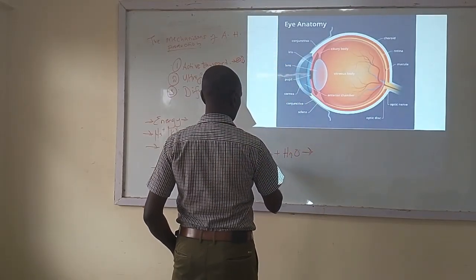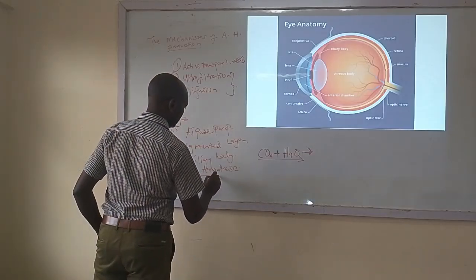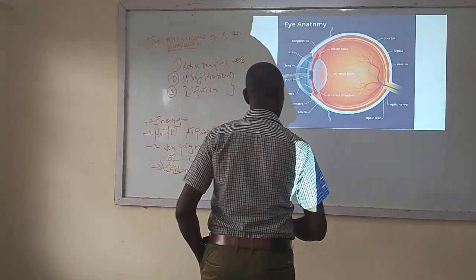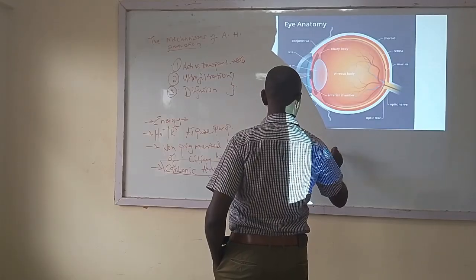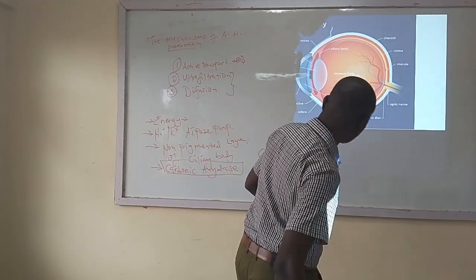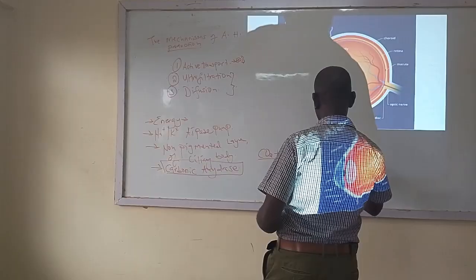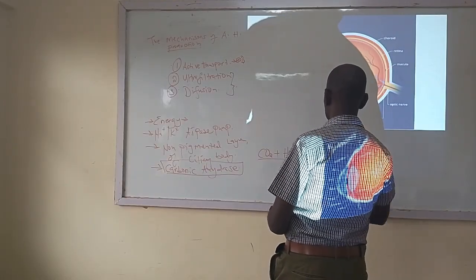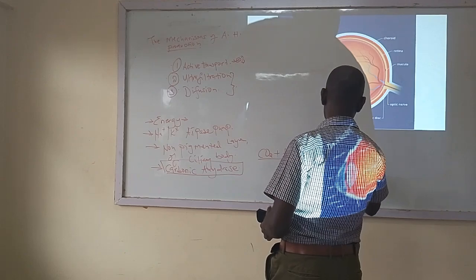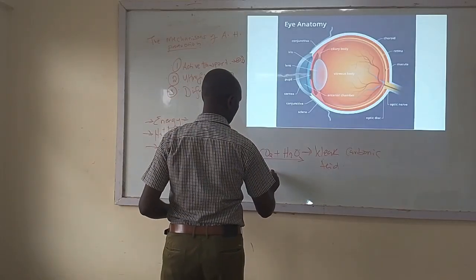So this reaction here is catalyzed by this enzyme here. The weak carbonic acid dissociates to give us what we refer to as bicarbonate ions.